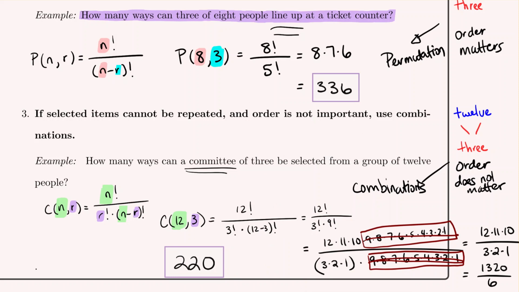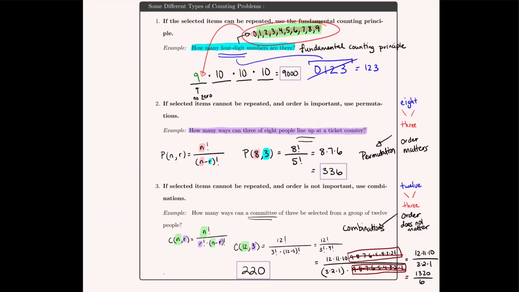So there's 220 ways that we could take from 12 individuals and select 3 of them when order does not matter. A good way to assess your progress with what we've learned in this video and the previous video is, are you comfortable with why we did the fundamental counting principle in this example, why we use permutations here, and why we use combinations here?